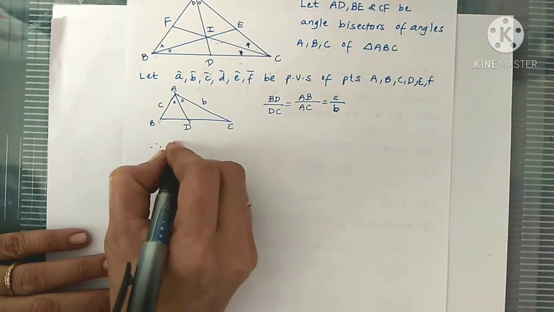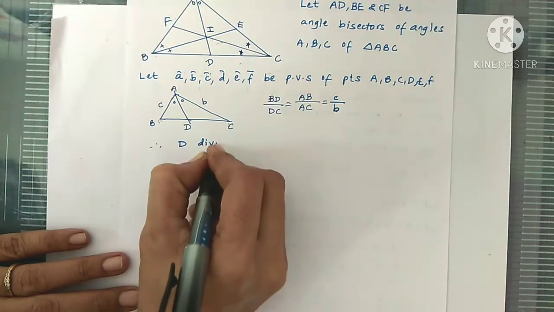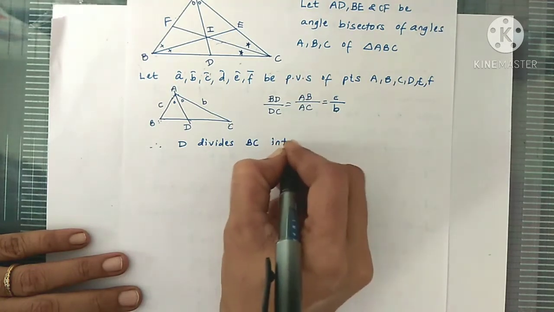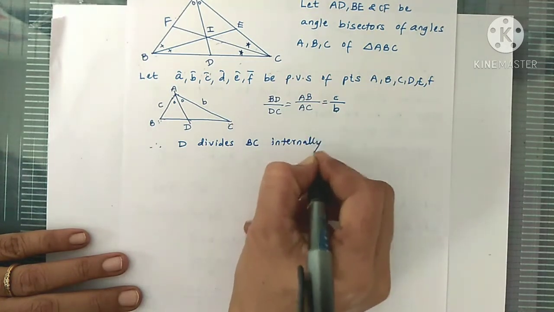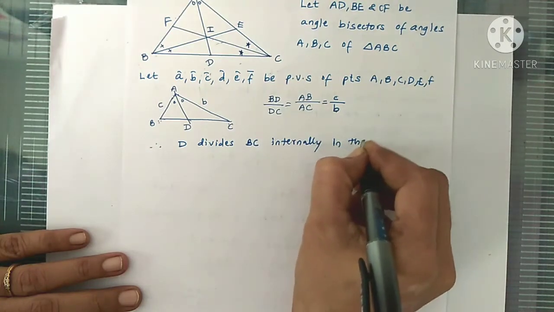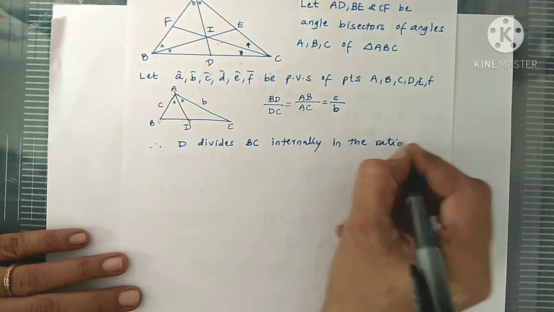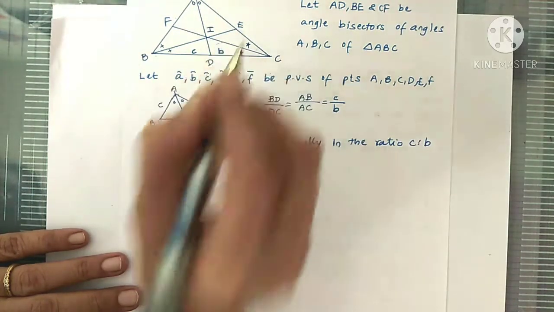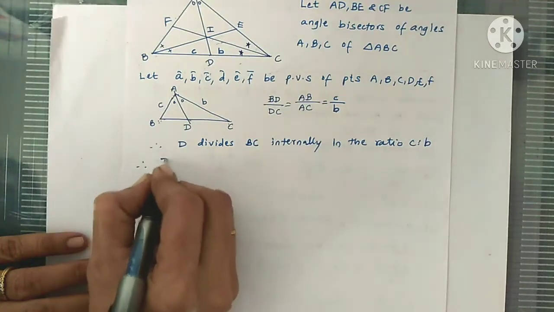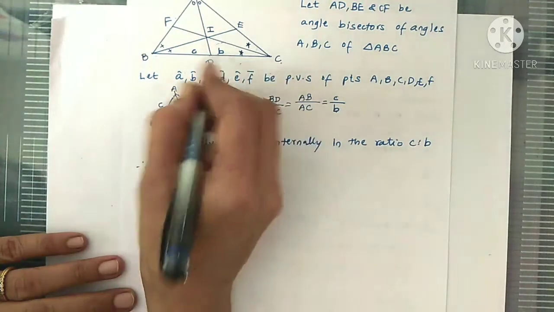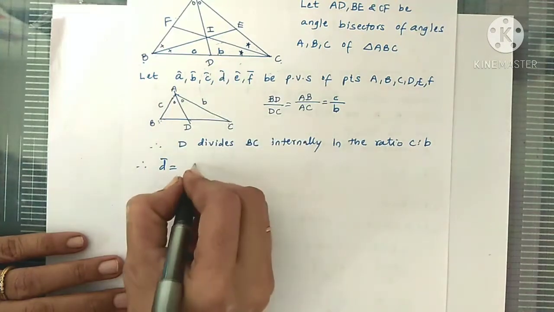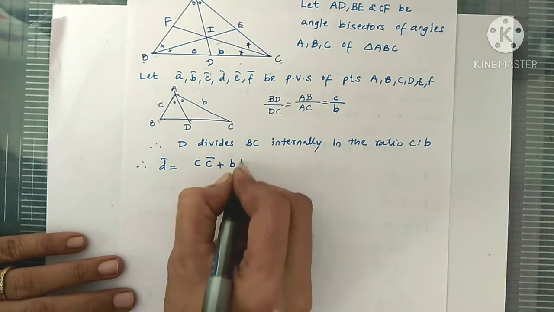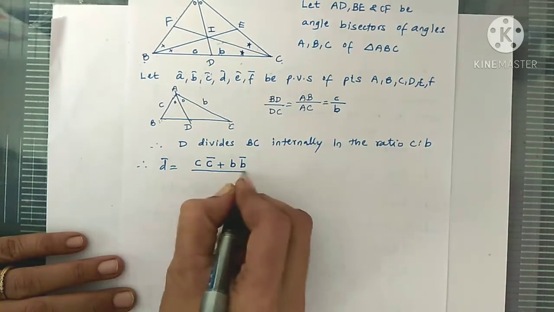Therefore, D divides BC internally in the ratio c to b. Now since the ratio is c to b, D bar equals c into c bar plus b into b bar upon c plus b. So c into c bar plus b into b bar divided by c plus b.